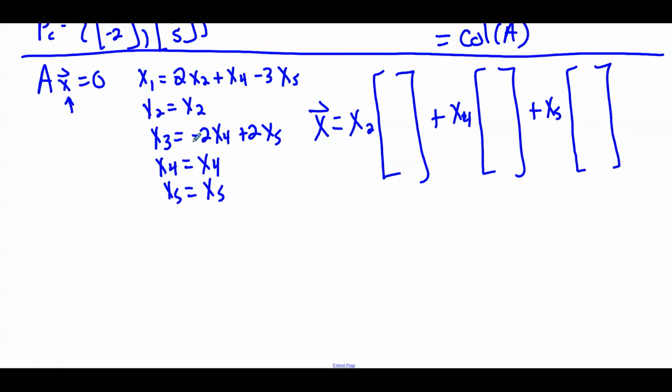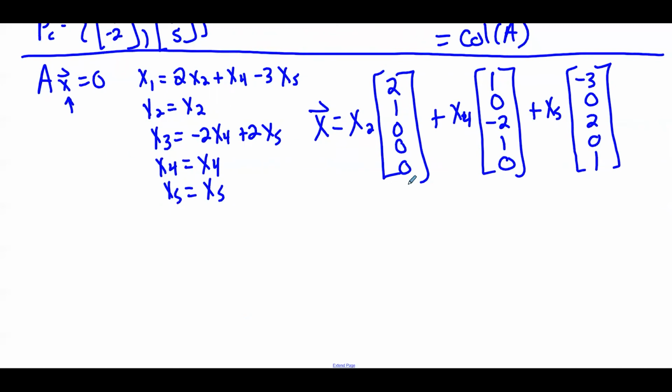I'm going to go through and pick out all the x2 things out of the solution, all the x4s, and then all the x5s. So this is the span of these three vectors, because the solution is any linear combination of these three vectors. We can plug in anything we want for x2, x4, and x5.